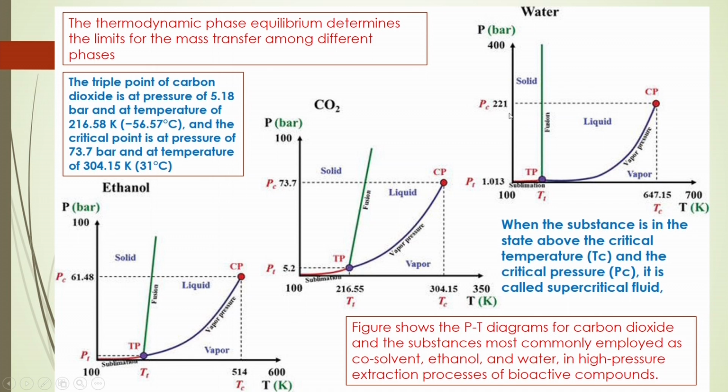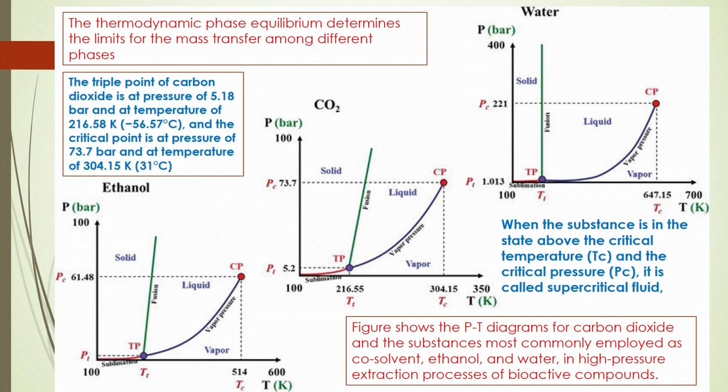So, beyond this pressure and temperature, water will act in a supercritical condition. So, these figures show the pressure-temperature diagrams for carbon dioxide, ethanol and water, the substances most commonly employed as the solvent and co-solvents, ethanol and water, in high pressure extraction processes of bioactive compounds.